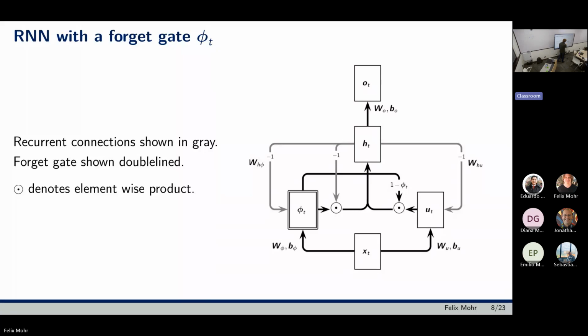This here is the sigmoid. What is inside of this, which we don't see in the figure, is the sigma, the logistic function applied to this weight matrix multiplied with the current state information, plus the current input token multiplied with this matrix, plus a bias term.